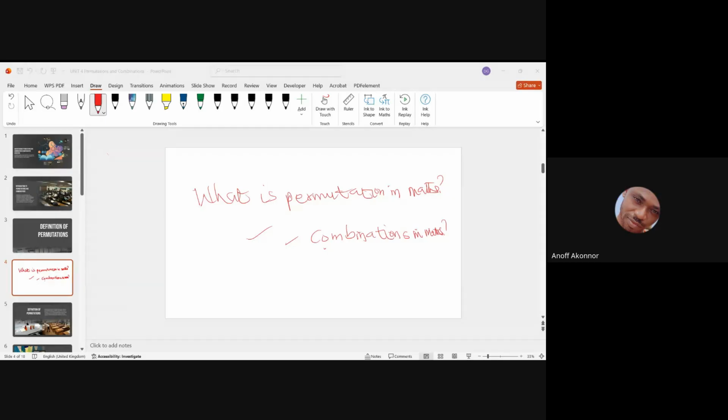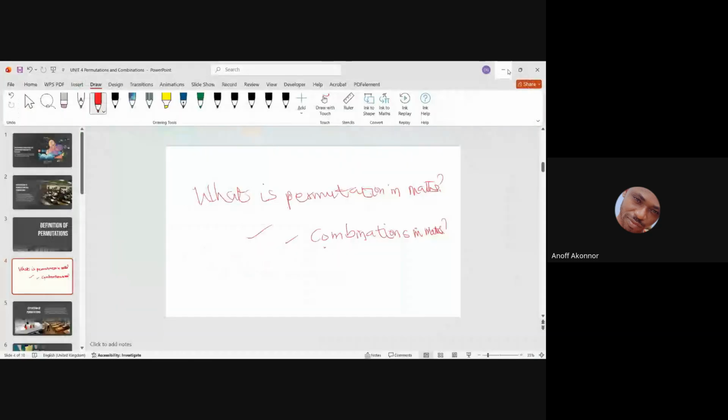There are topics in combinatorics, a branch of mathematics that deals with counting and arranging objects. Please pronounce the word combinatorics.